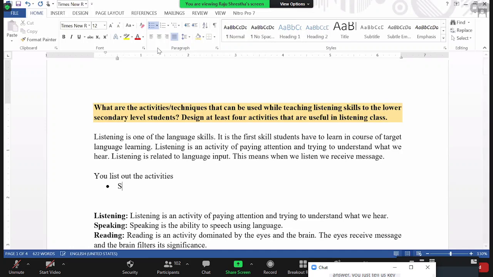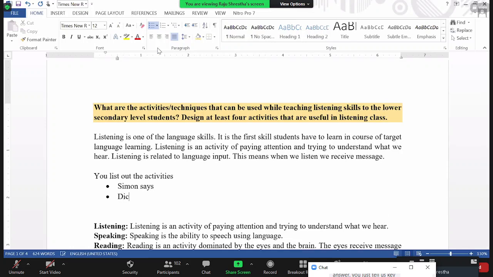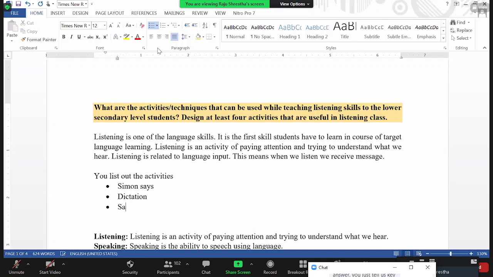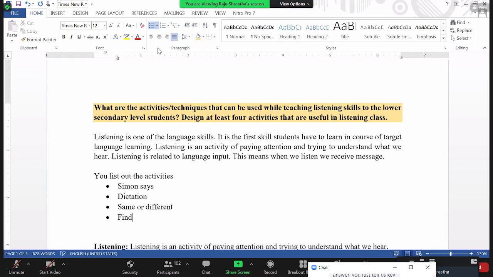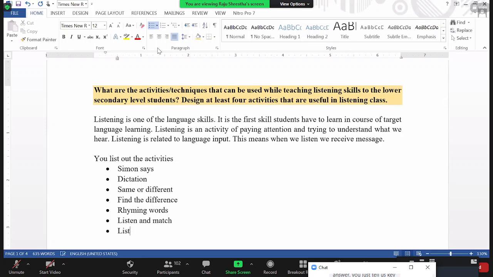Simon says, you use dictation, you use same or different activities, find the differences, sport, rhyming words you can use, and listen and match you can do, and listen and answer you can do. So in this way you list out.